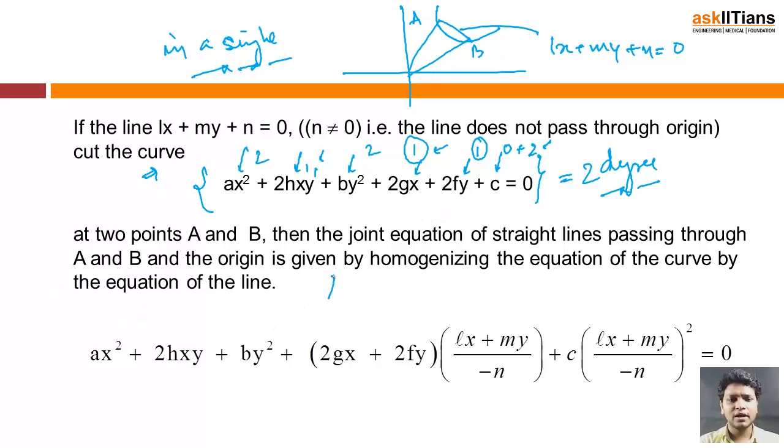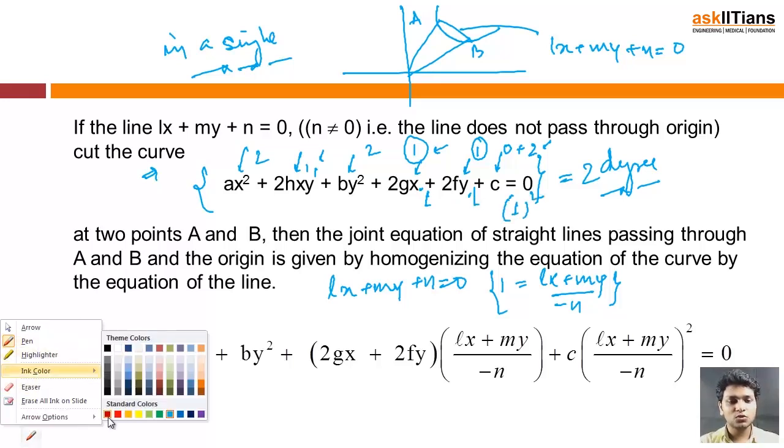I have the line Lx plus my plus n equal to 0, right? I'll take n on the right hand side and write 1 as Lx plus my upon minus n, right? And 1 can be multiplied anywhere, any number of times. So I'll multiply this with 1, this with 1, and this with 1 square. What is my intention behind doing that?